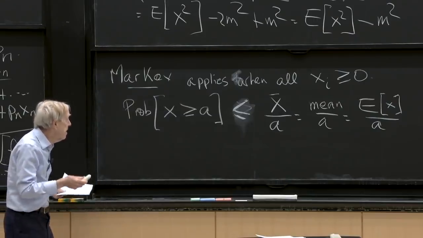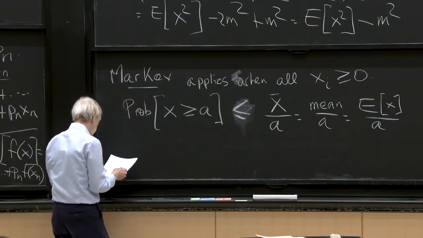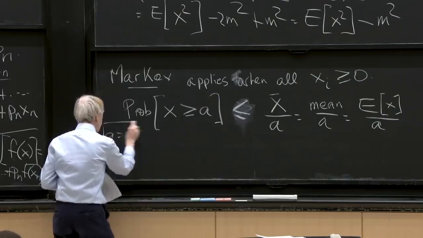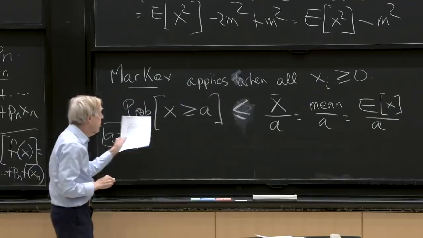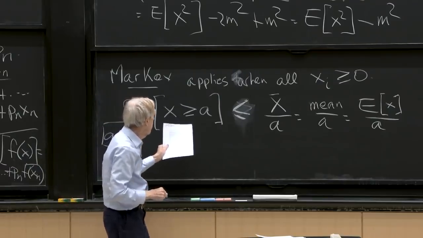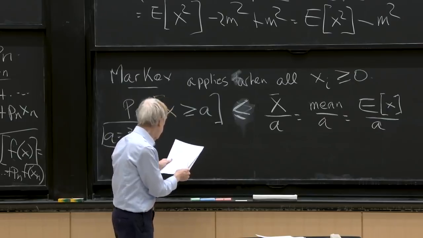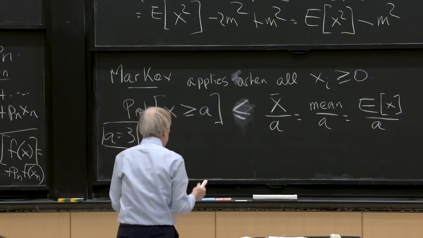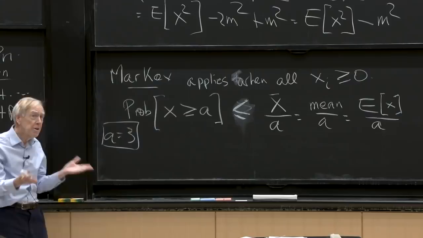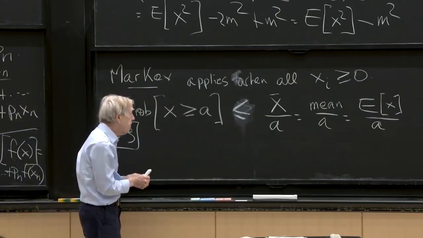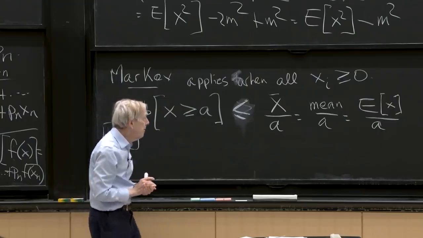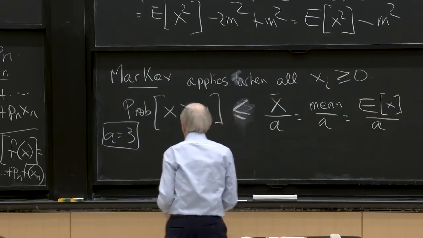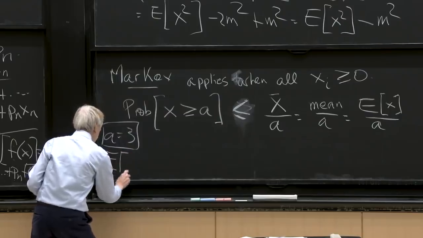Okay, so let me take an example as a equals 3. So I'm going to just, for example, suppose a was 3. I want to show that the probability of x being greater than or equal to 3, we don't have many facts to work with, so if we write those down, we should see the reason. Okay, so I know that the mean is E of x. Let's take the mean to be 1.